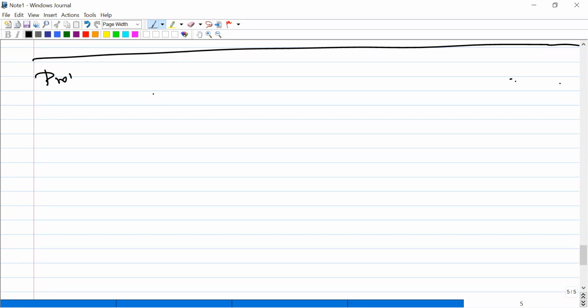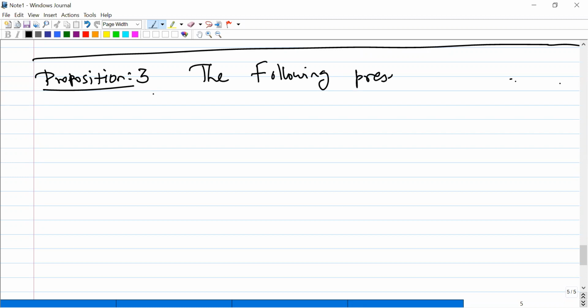So let me state the proposition, maybe 3. The following presentations are equivalent for B tilde, where B tilde is the double affine braid group.